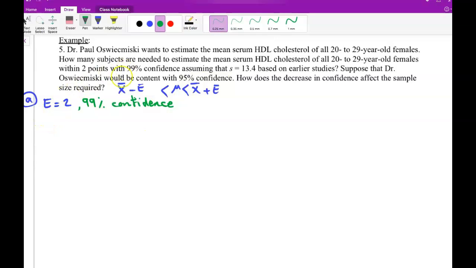Okay, so based on what I have here, alpha is equal to 1 minus 99%, that is 1%. So alpha divided by 2 is 1% divided by 2, which is 0.005.